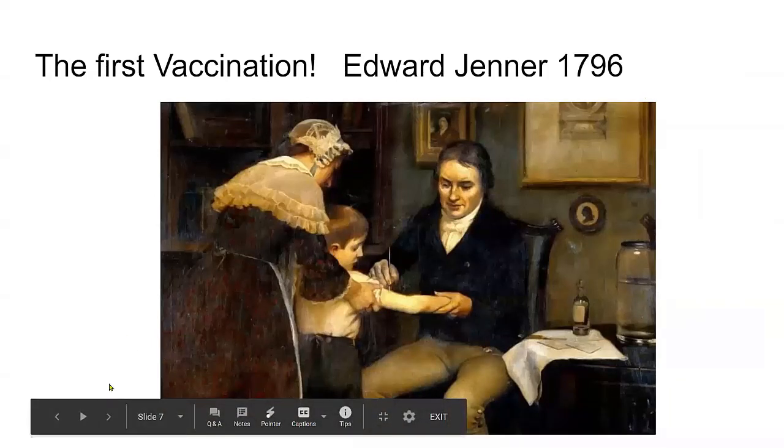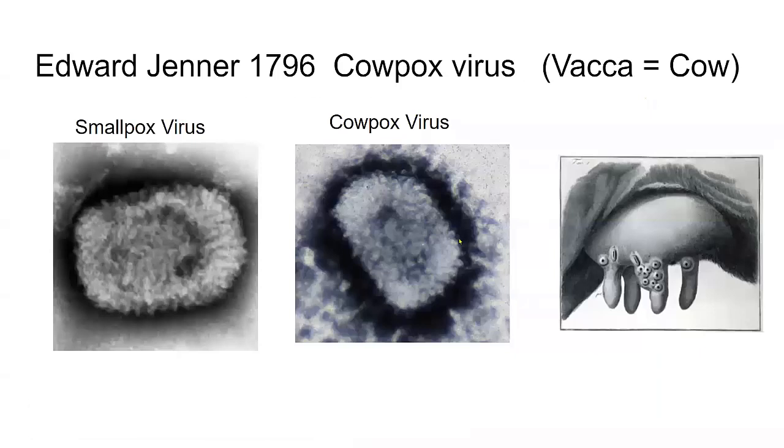He didn't understand how it worked, but he quickly collected data showing it does work to protect humans from smallpox. So being infected by a related virus gave humans immunity against the smallpox virus.